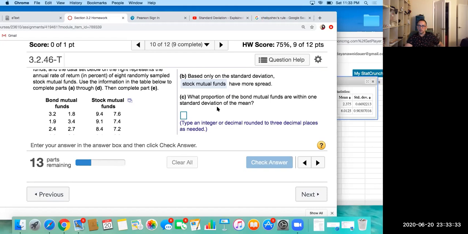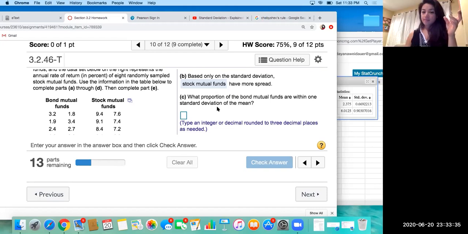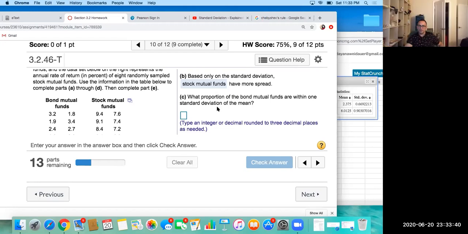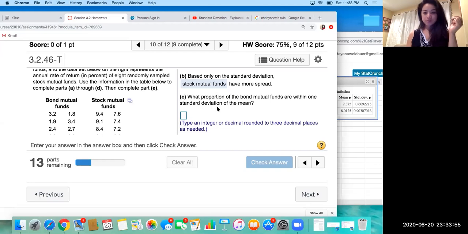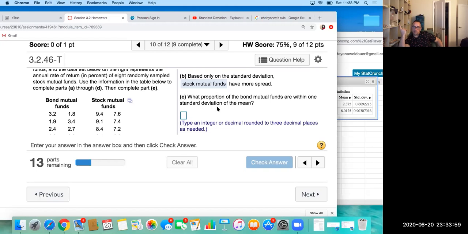This is ridiculous. It's fun, but I can't believe this question is here. Like, who do they expect to actually get this correct? Not many people, but what proportion of the bond mutual funds are within 1 standard deviation of the mean.